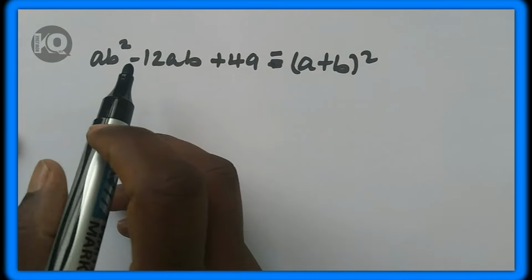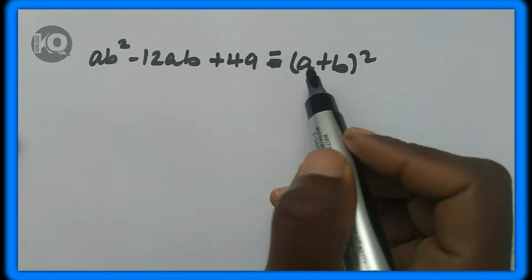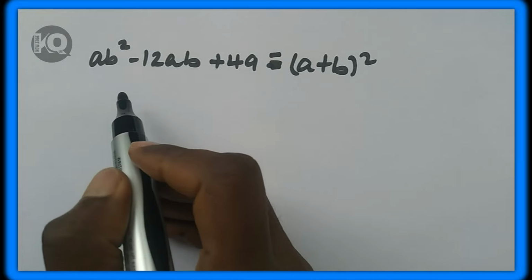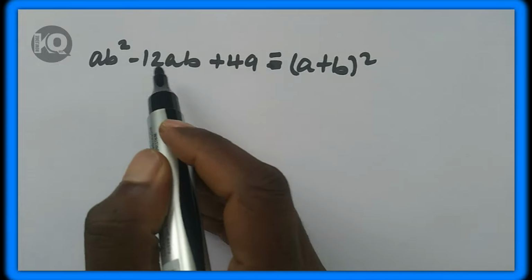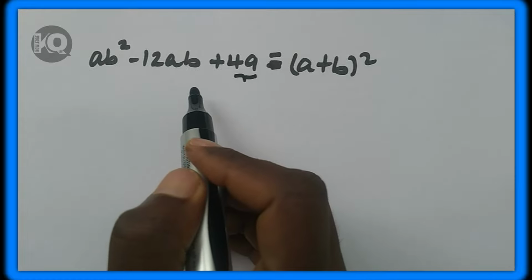Now we have (ab)² − 12ab + 49 = (a + b)². So all we have to do here is decompose this 49 for simplification.